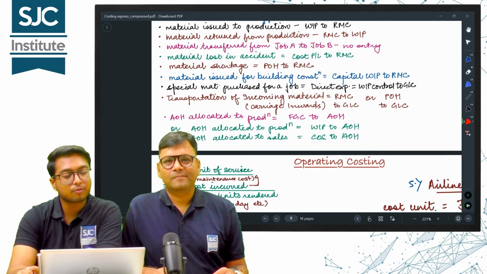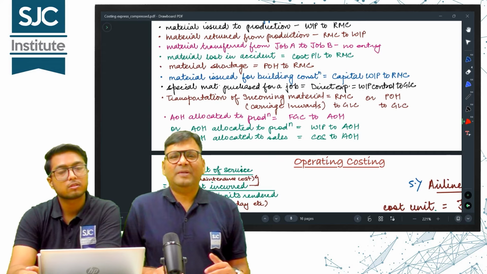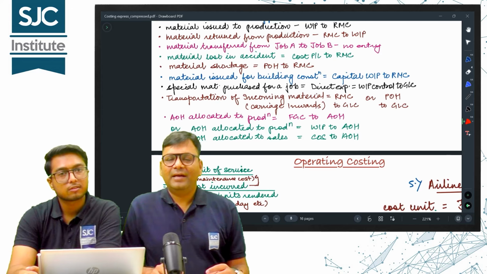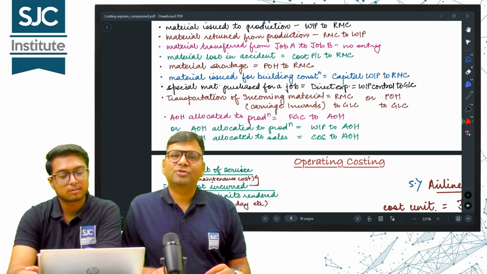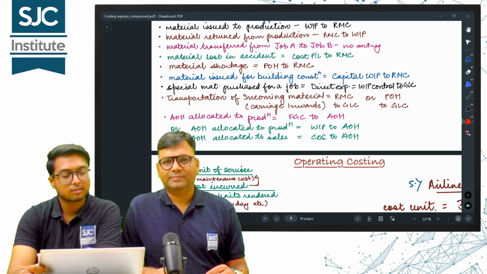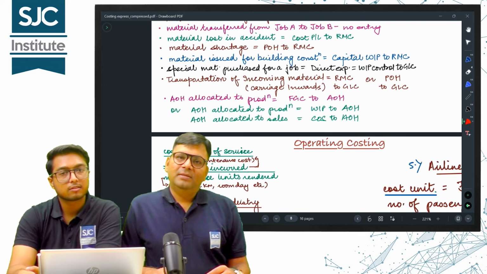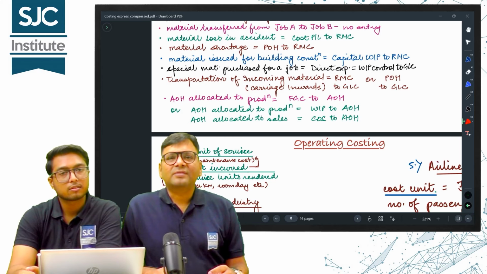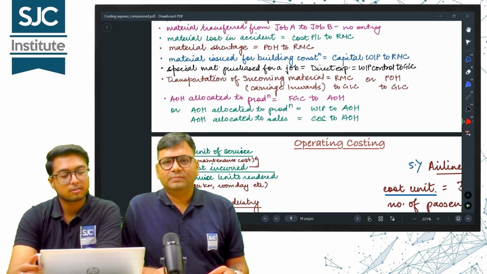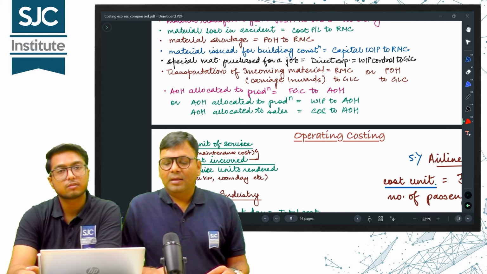Special material purchased for a particular job. Special material means special expenses, so these are like direct expenses directly charged to WIP control, so WIP control to GLC. Transportation of incoming material. It's like material purchase, so RMC to GLC. Admin overhead allocated to production.